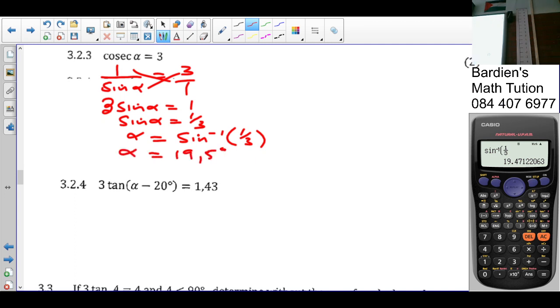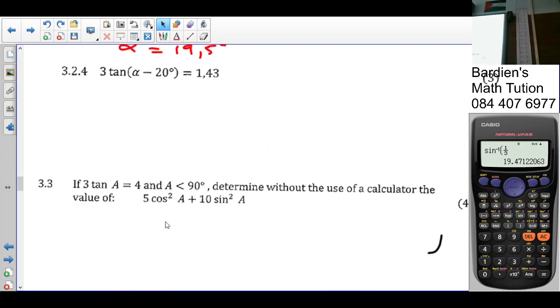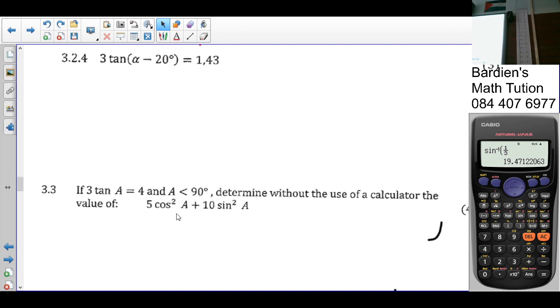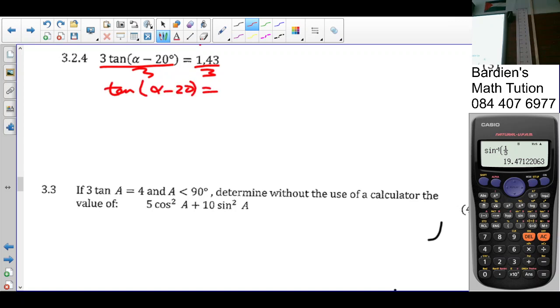The next one, I need to divide by 3 first, on both sides. The idea is to get tan standing on its own. So tan of alpha minus 20 equals 1.43. 1.43 divided by 3 gives us 0.477. So now you say alpha minus 20.